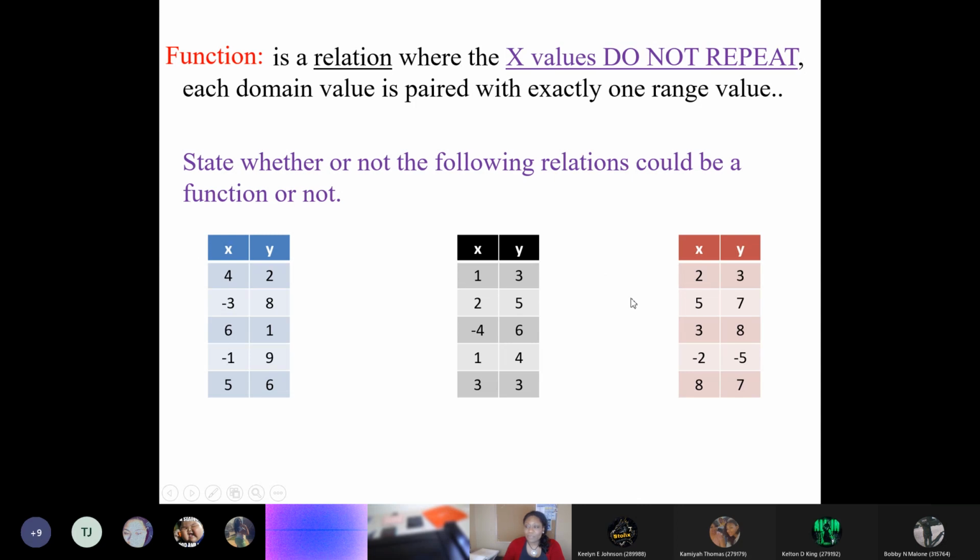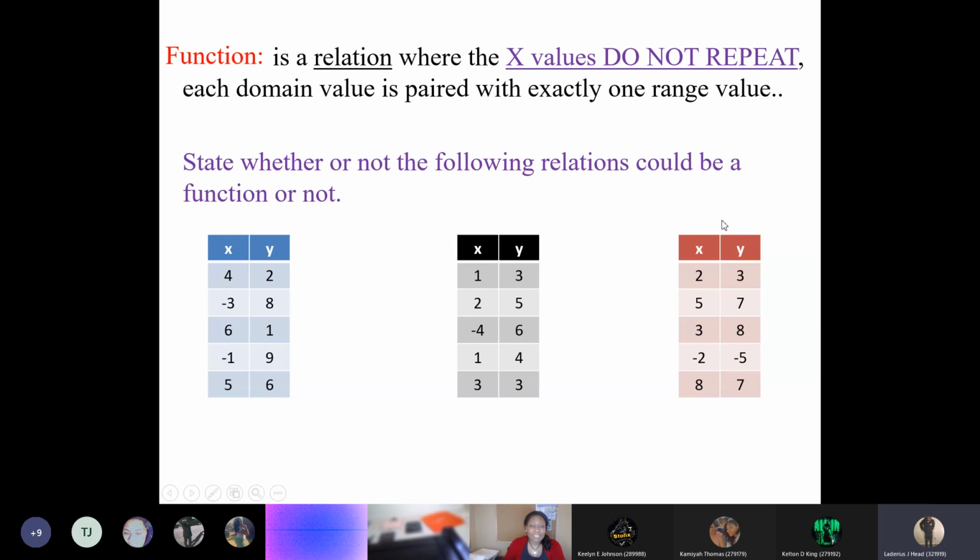The red table here, Ladarius, is it a function? Ladarius, going once. Ladarius, going twice. Is the red table a function?